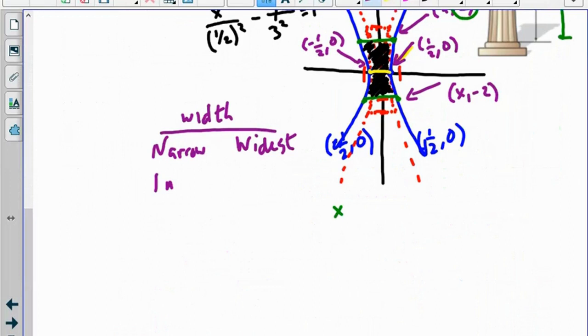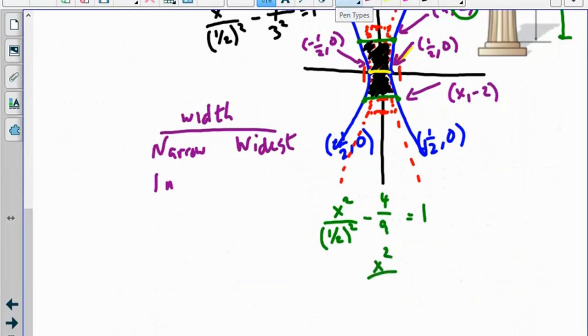So x squared over 1/2 squared, or 0.25, or 1/4, minus 2 squared over 3 squared equals 1. Well, 2 squared over 3 squared is equal to 4/9. So I'll add 4/9 over.